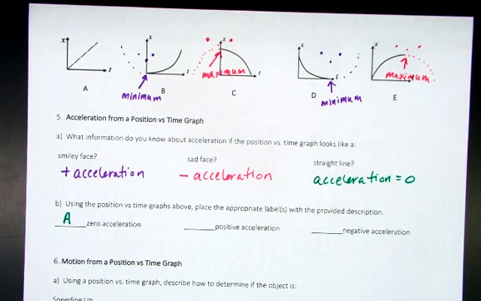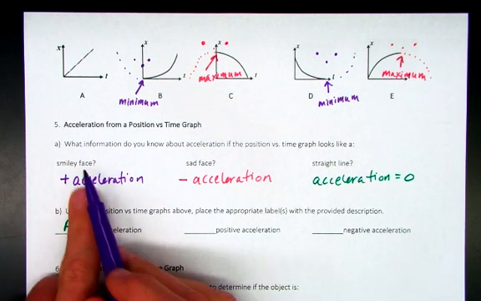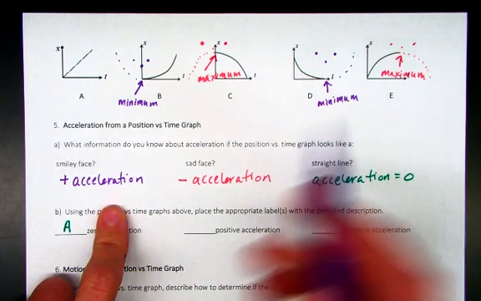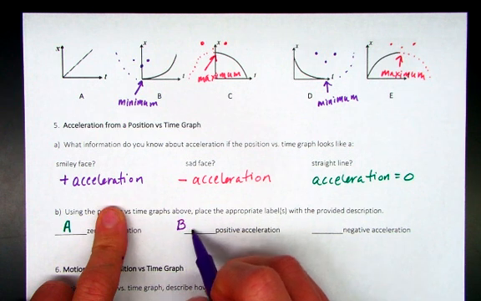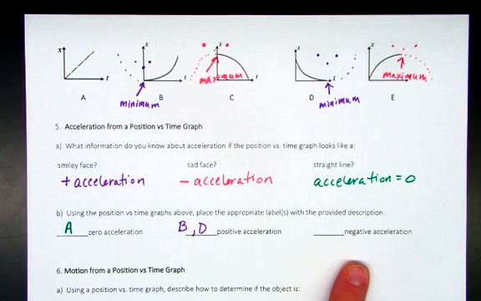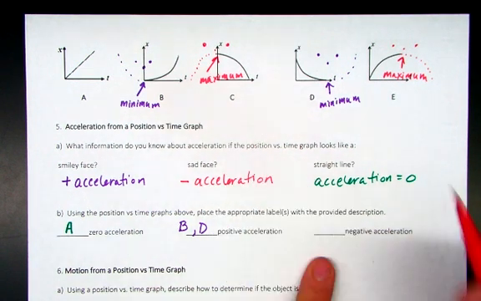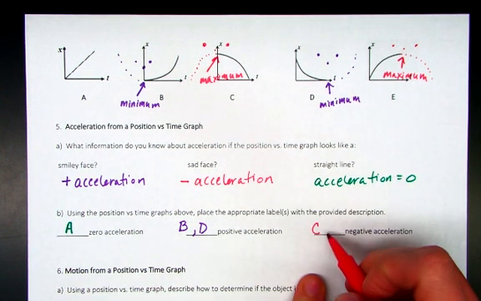It has 0 acceleration. Positive acceleration is the smiley face. Well, I have 2 smiley faces. That's at B, and that's at D. And then I have negative acceleration at the sad faces. That's at C, and that is at E.